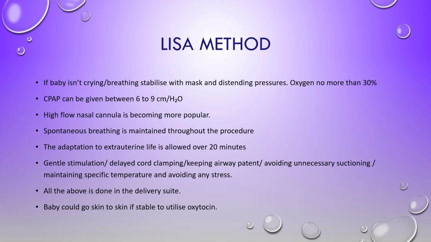Oxygen no more than 30%, even in the preemies. CPAP can be given between 6 to 9 centimeters of water. The 6 is better for the smaller babies, but you can take it up, but 9 is sort of the limit. Most people will say, wow, that's high, but they do use it in the bigger preemies.